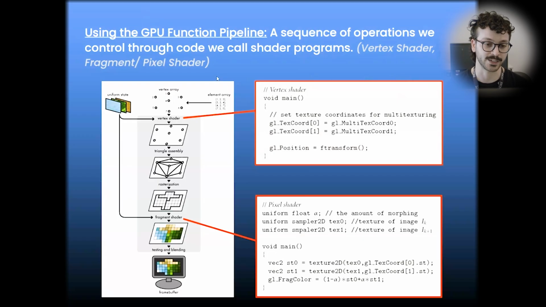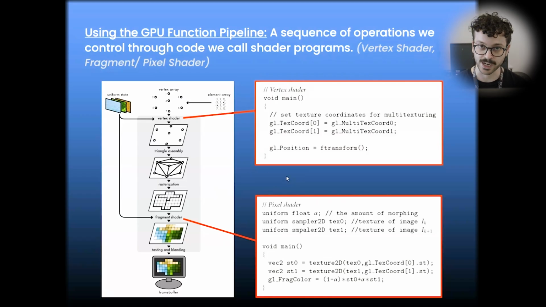And this process has a set of functions. So at first we take the vertex array, we then transform it in the vertex shader, we then do some triangle assembly, rasterization, until it finally comes to the fragment shader and then displays within the frame buffer, being essentially the final screen that you see. And we control this pipeline primarily through 2 points.